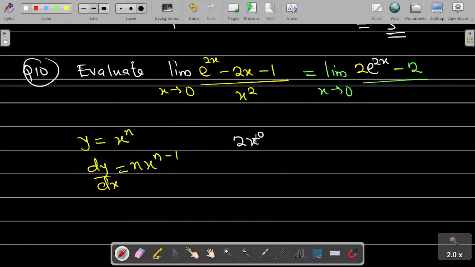So if you differentiate this now, what it means is that the 0 will come down to multiply this, then you subtract 1. So no matter what you're subtracting, it's no longer important, because 0 will take everything to 0. That's why the derivative of every constant is always 0.